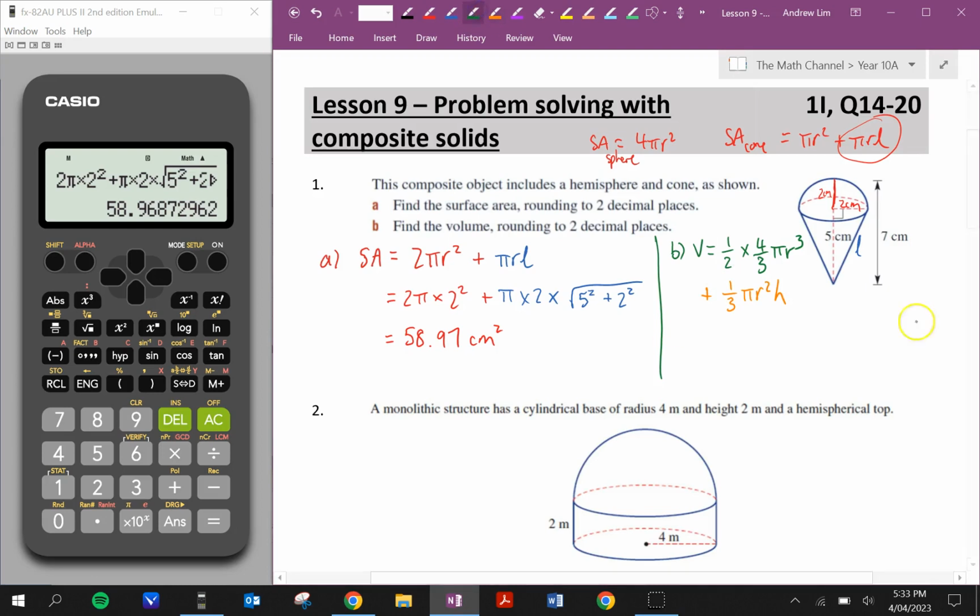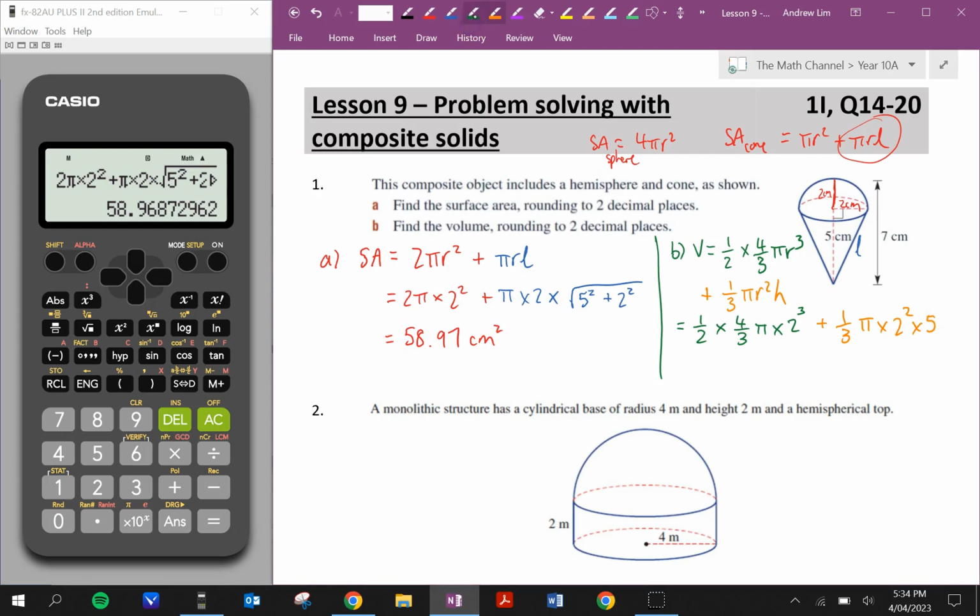So let's substitute values. Half of 4 on 3 pi times the radius, which is 2 cubed, plus 1/3 pi times the radius of 2 squared times the height of the cone, which is only 5. That's the perpendicular height of the cone.